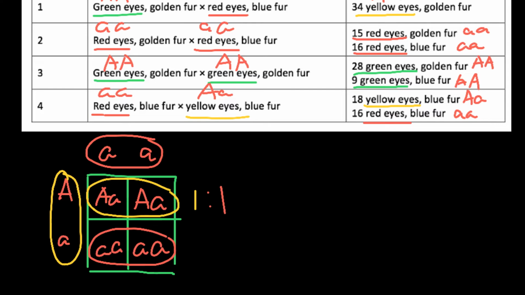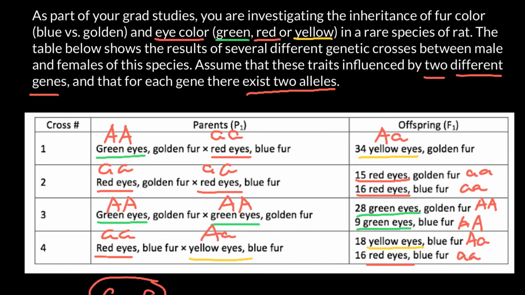Now let's move to the second trait and see what we know about this trait. The table below shows, as part of your graduate studies, you are investigating the inheritance of fur color, blue versus golden. So we have a gene with two alleles and two phenotypes.